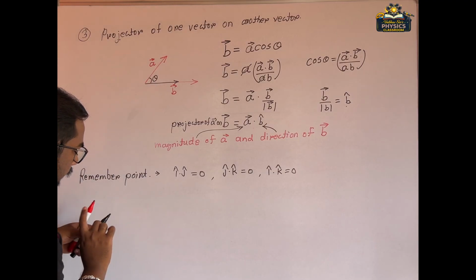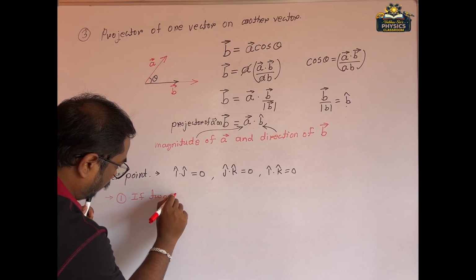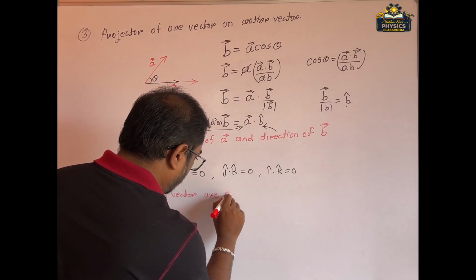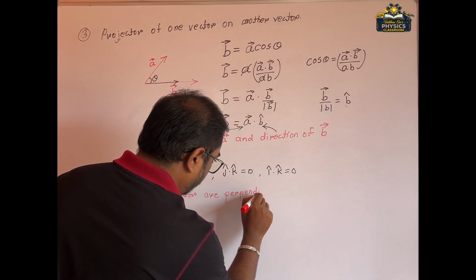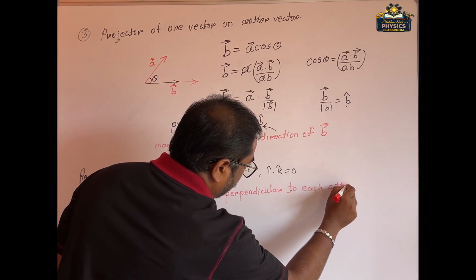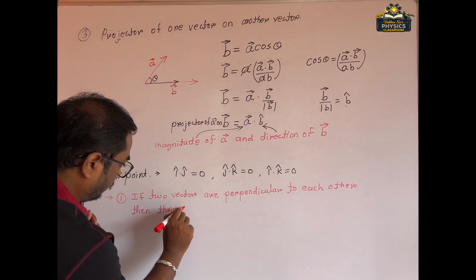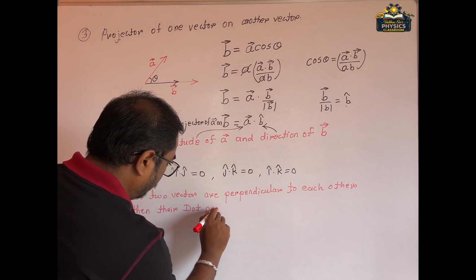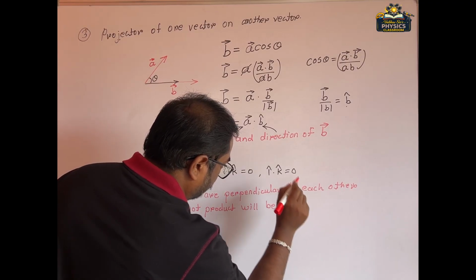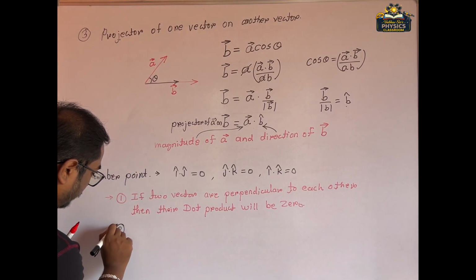The first point, if two vectors are perpendicular to each other, then their dot product will be 0.